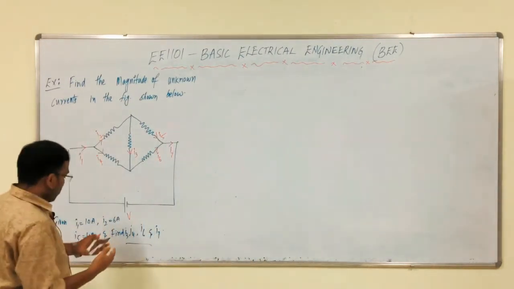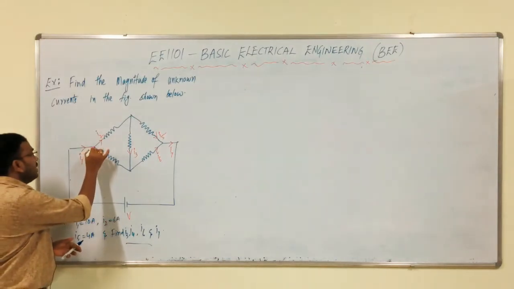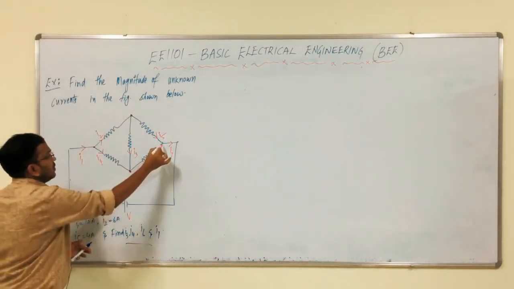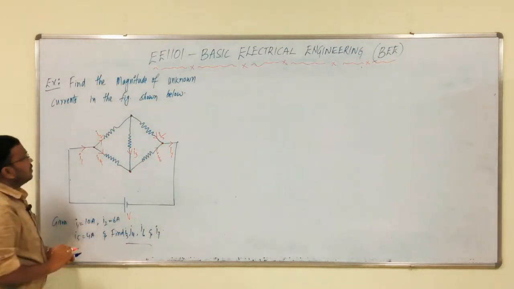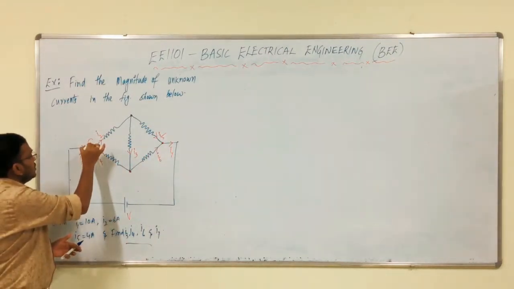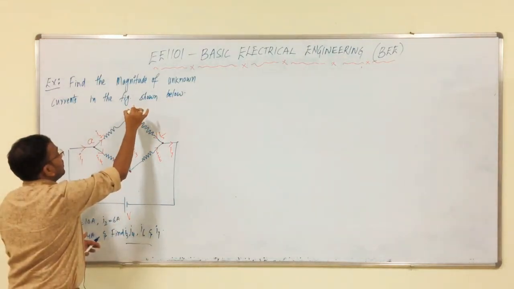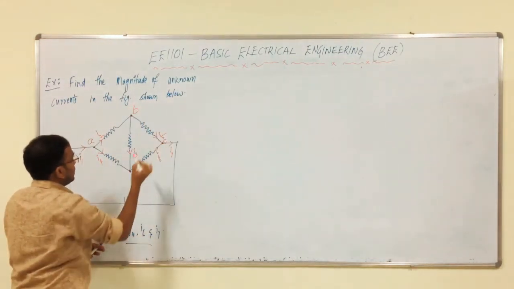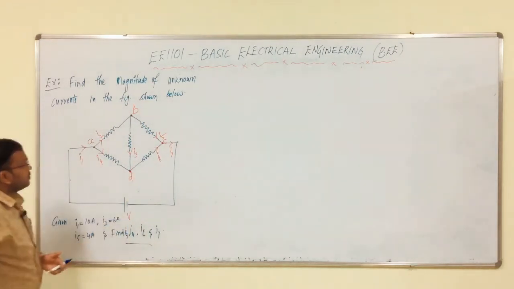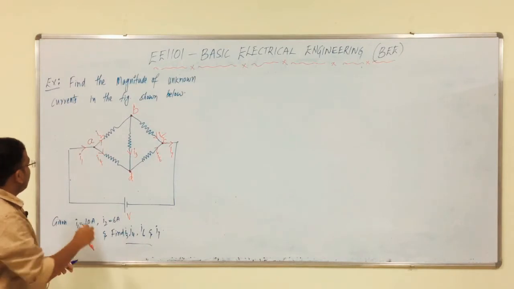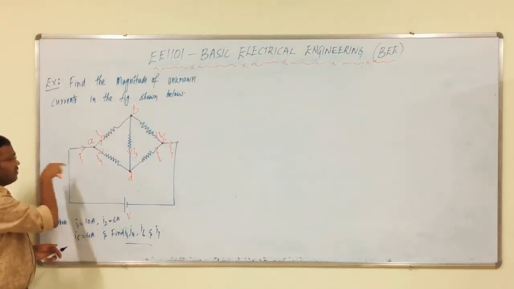before solving the problem, we have to identify the number of nodes. Okay. So, this is node A, for example, this is node B, this is node C, this is node D. We have 4 nodes, and what is the incoming current?